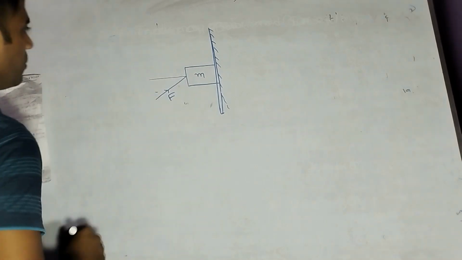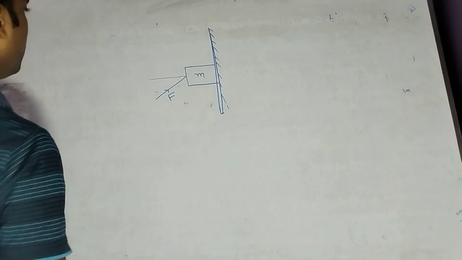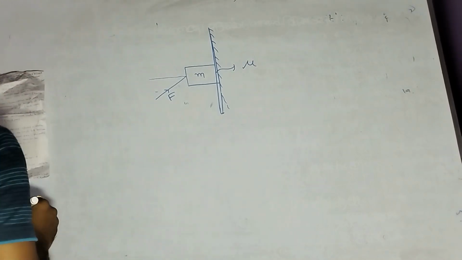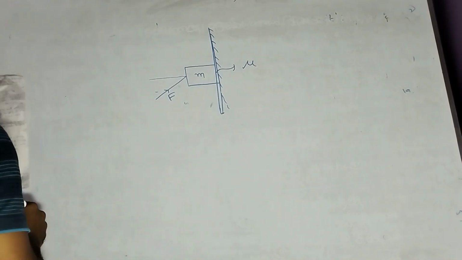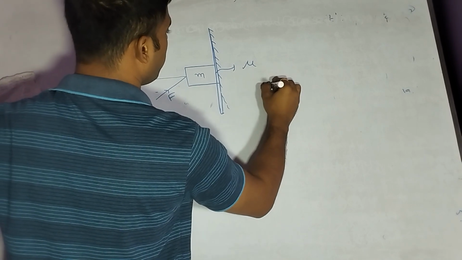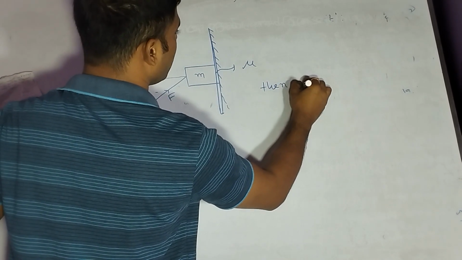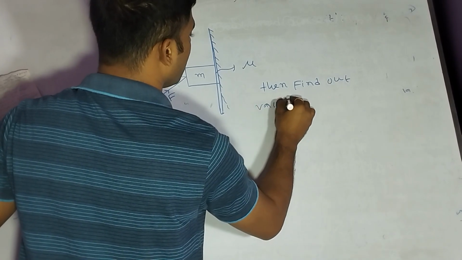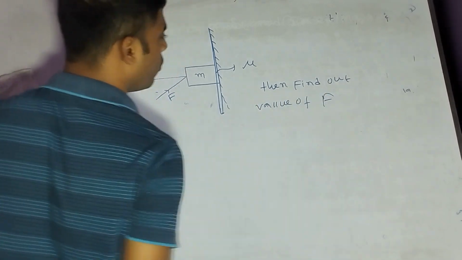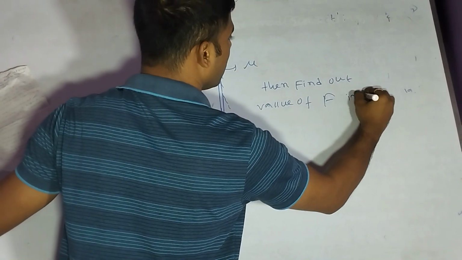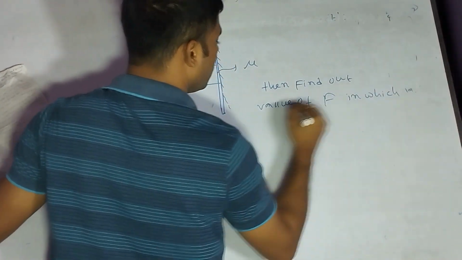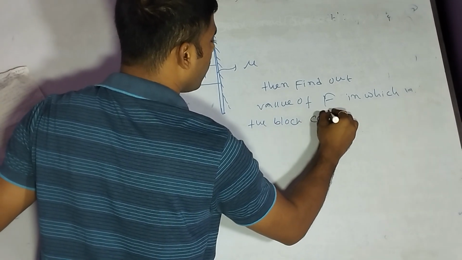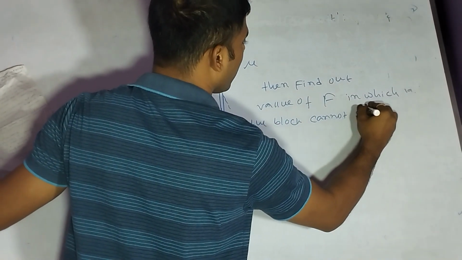Mu, the coefficient of friction, is also given. The question is to find the value of force F in which the block cannot slip downward.